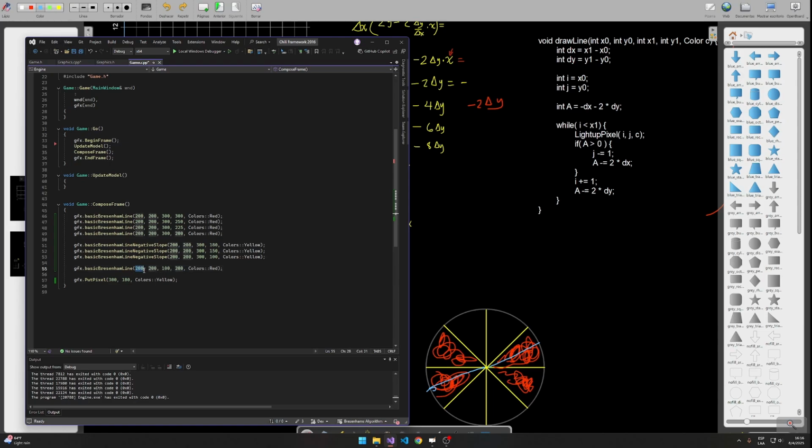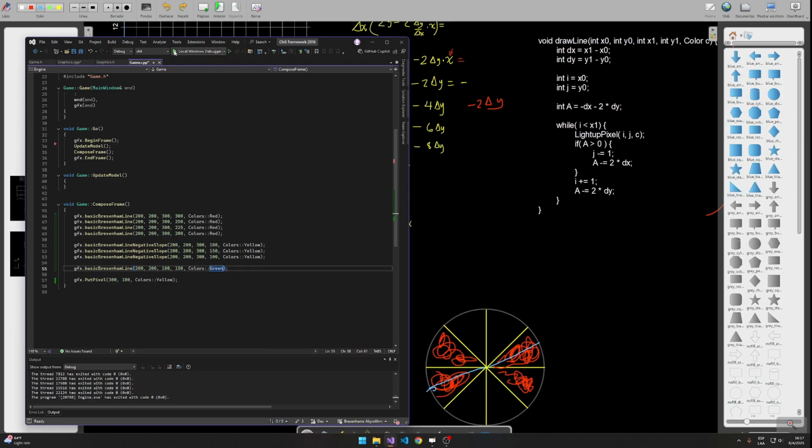So I'm going backwards in x. Look, this value is less than this one, and I'm going to go, let's say, also backwards on x. Let's go for 150, and let's give it a different color.